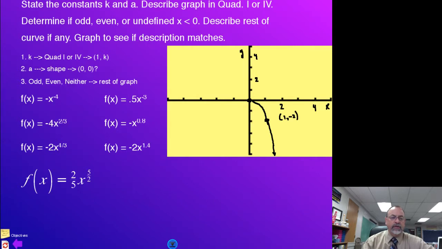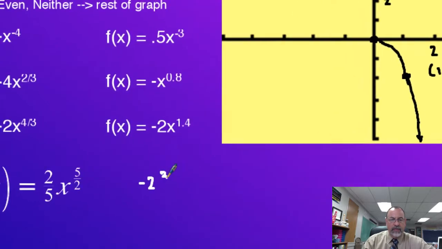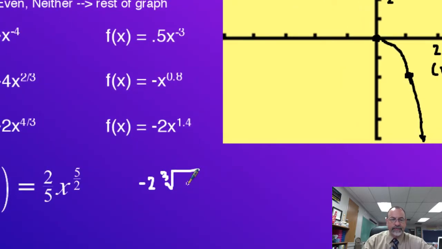Now I need to determine if it's odd, even, or neither to determine whether I reflect it around the origin, reflect it over the y-axis, or neither. So again, after I write it in its radical form, this is what it looks like, and now I'm going to substitute in negative x. So negative 2 cube root of negative x to the 4th.